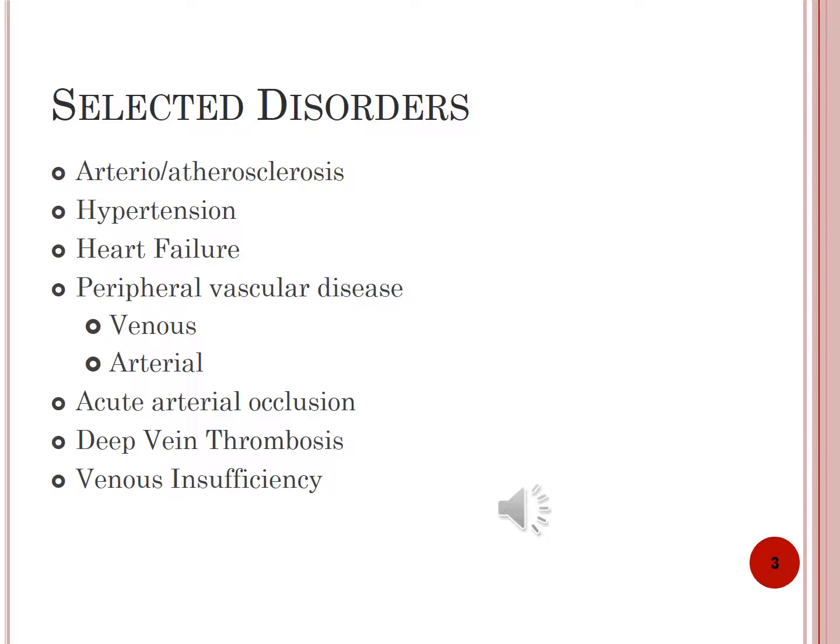So we'll go over the risk factors of all of those, and as a nurse you want to be doing your education to focus on those that are at risk before they actually develop the complications, versus those that already have the complications, and how your education changes to help them manage that disease process. So those are the selected disorders covered on the syllabus that we're going to go over in the lecture for this week.